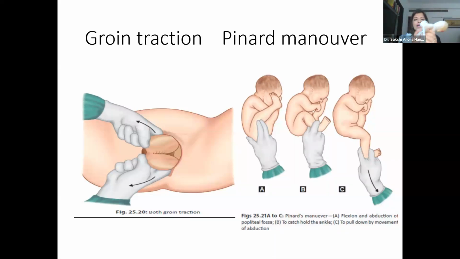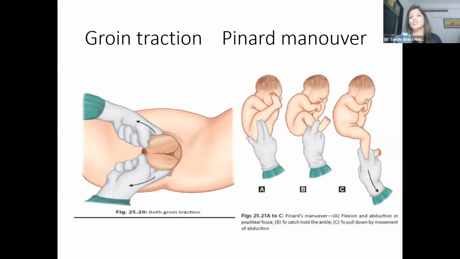Now, once the legs are delivered, I have to deliver the shoulders. Simply hold the back of the baby like this and rotate the shoulders so that they come in the anteroposterior direction. Once the shoulders come in the anteroposterior direction, they will automatically deliver.